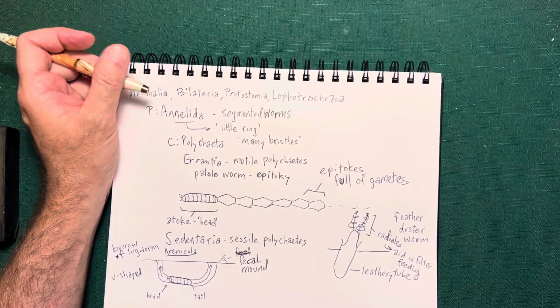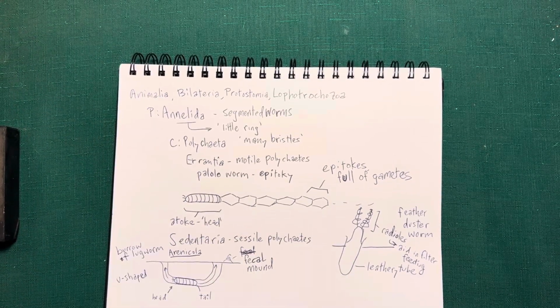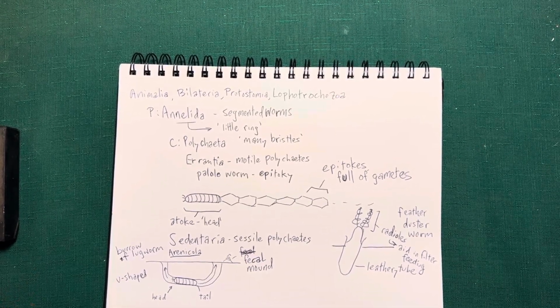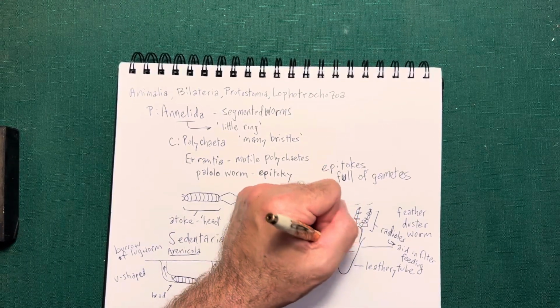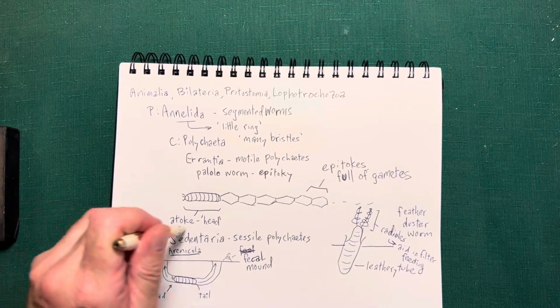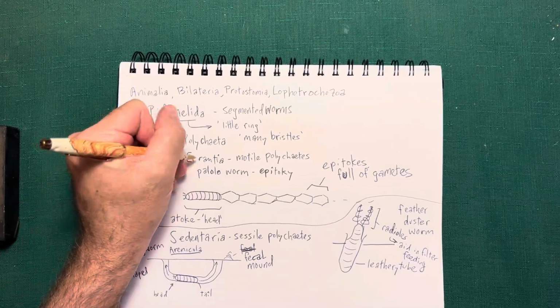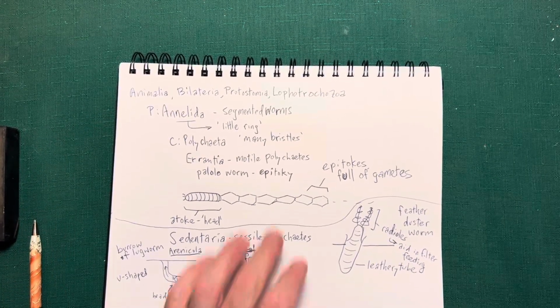And then when they're feeling confident and hungry, they might stick the radioles out again and use those to capture small bits of prey, plankton, things floating in the water column. So that's your feather duster worm as a member of the Sedentaria. So these two down here are sedentarians. Our Palolo worm is an errant polychaete.